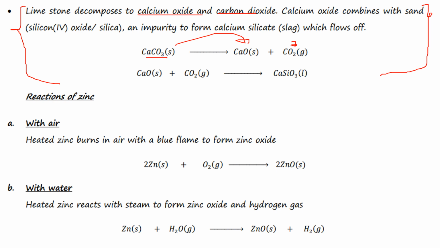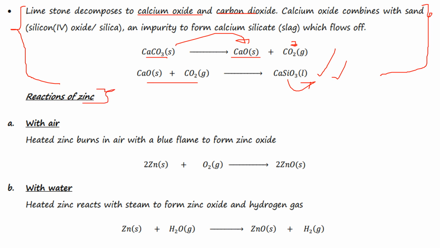So the oxide that is formed reacts with the silica present in our impurity to form calcium silicate, which is also called slag. This slag flows off and is tapped off from the bottom, and therefore you have purified your zinc, and you are able to retain zinc as a pure extracted metal.